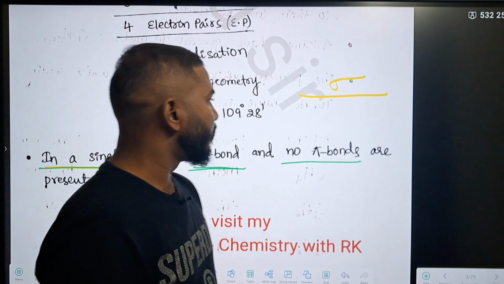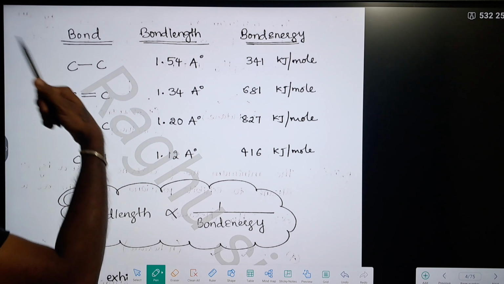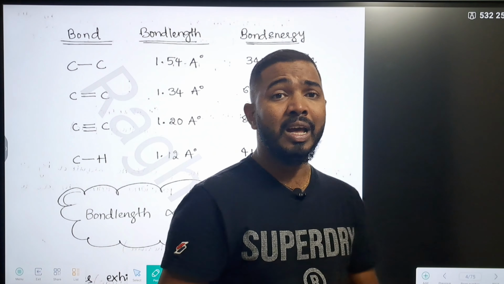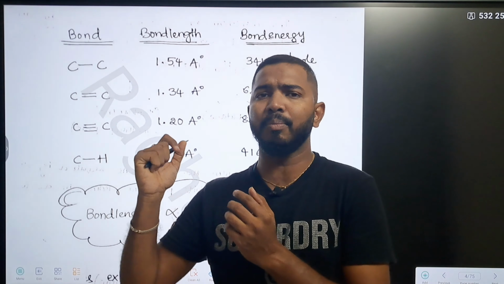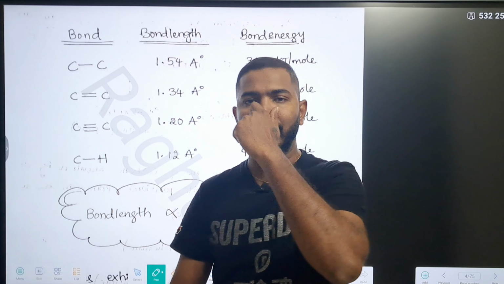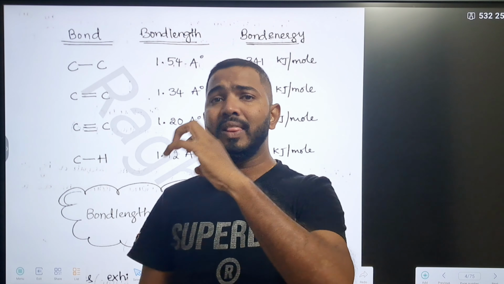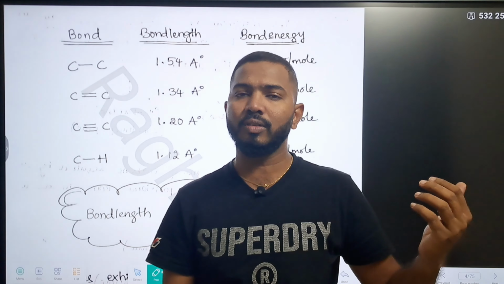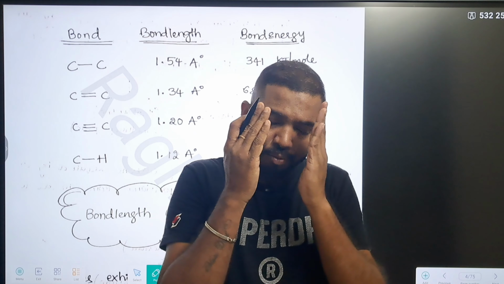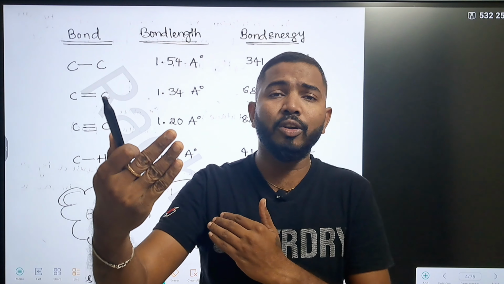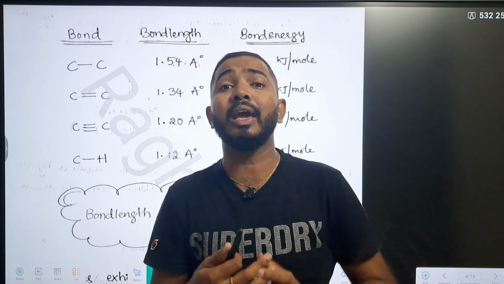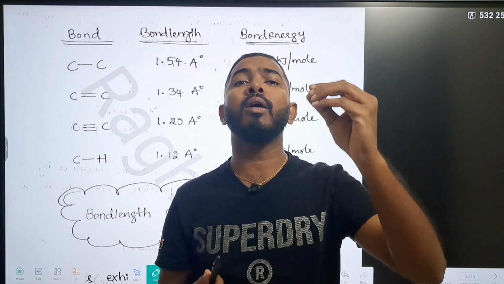Yes, and then next, when it comes to CC single bond, CC double bond and CC triple bond, I have taken examples here of alkane, alkene and alkyne, okay. And now what could be their bond lengths and bond energies? It's very important. I am sure that these particular concepts must have been discussed in chemical bonding also, wherein bond parameters.